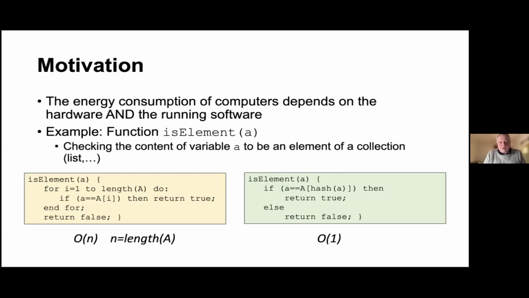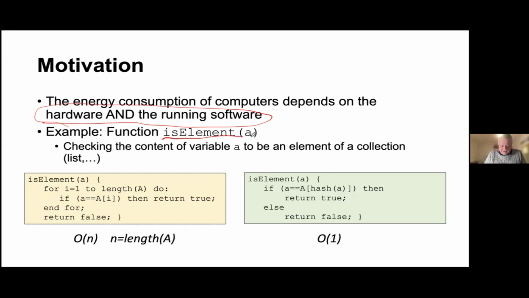In software engineering, of course, when we consider programs, we know that the energy consumption depends on the programs, which means on the running software, and of course on the hardware as indicated here. So we always have these two things in parallel. I will give you one example that is, I think, quite nice and shows some challenges and maybe also some ideas of how to improve that.